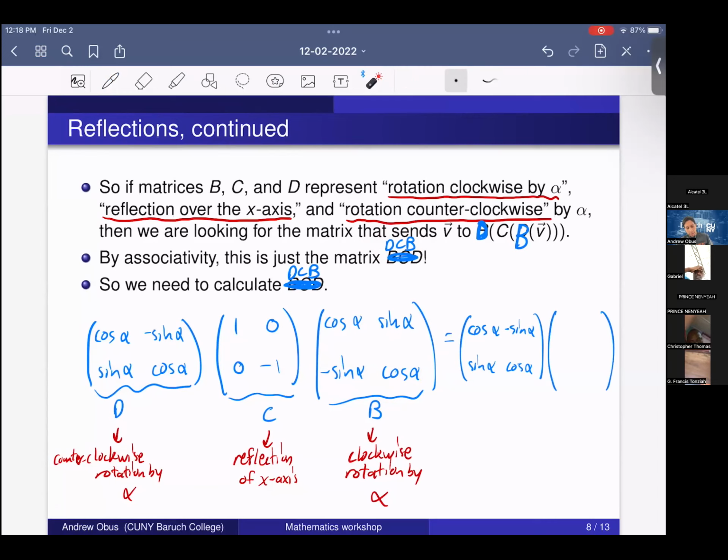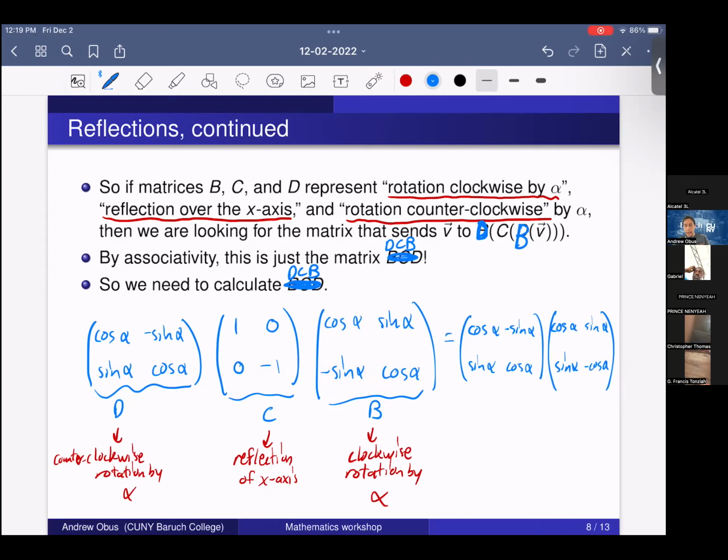If I multiply 1, 0, 0, minus 1 by cosine alpha, sine alpha, minus sine alpha, cosine alpha, what I end up getting is cosine alpha, sine alpha, and minus cosine alpha.